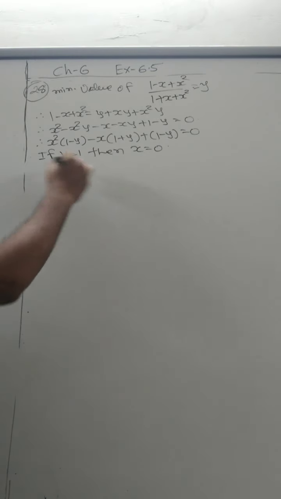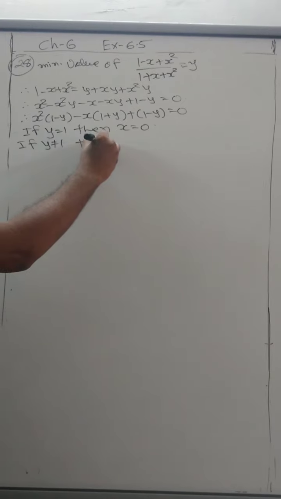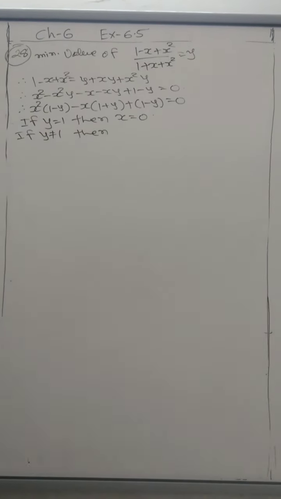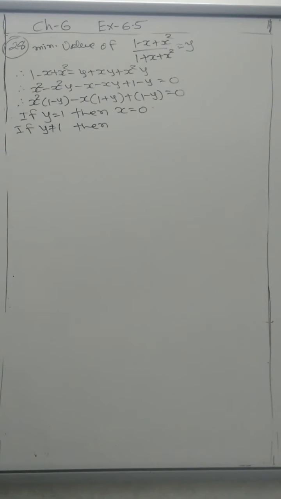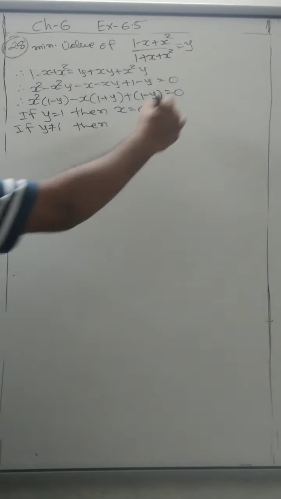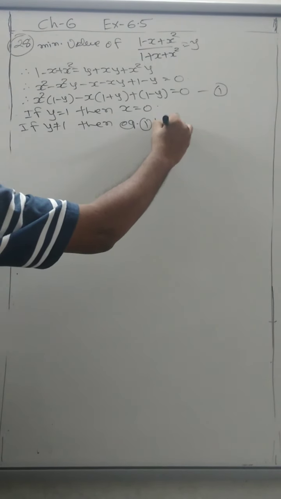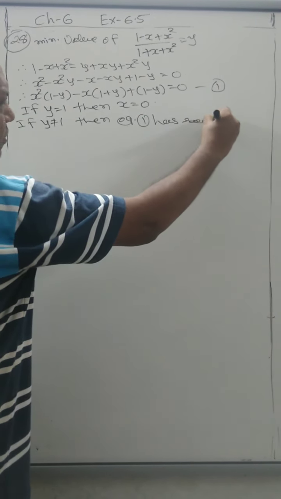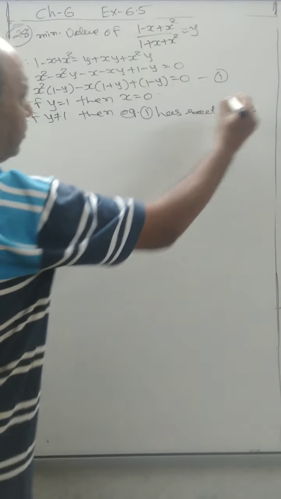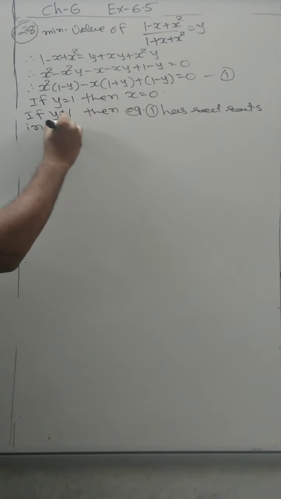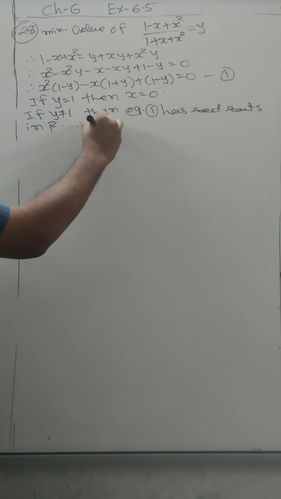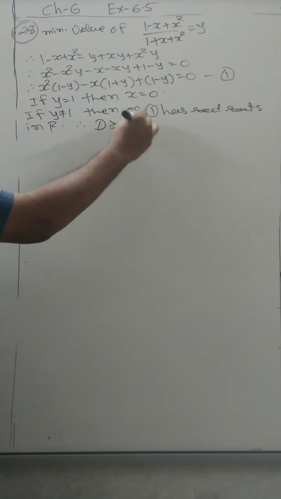But if y is not equal to 1, then this equation 1 has a real root in R. Therefore, the discriminant is greater or equal to 0.